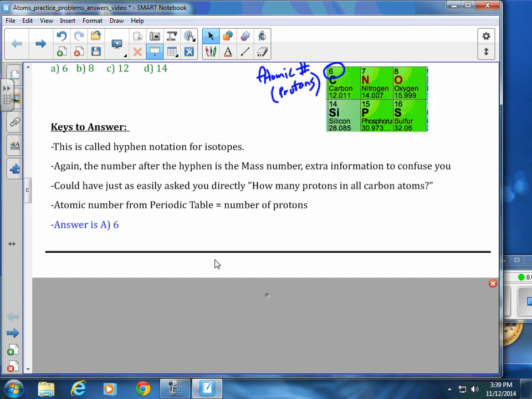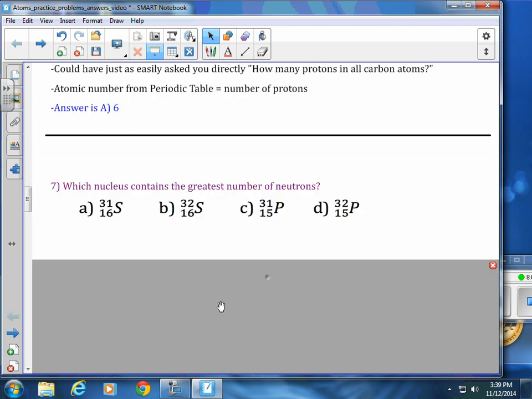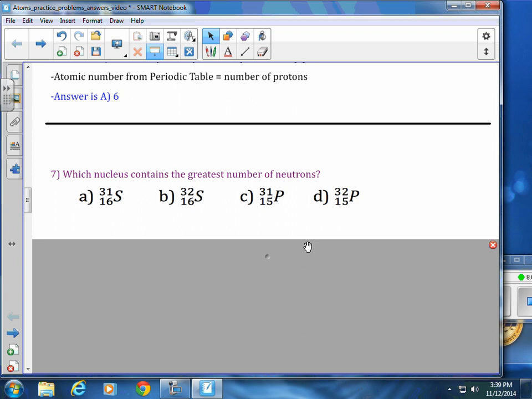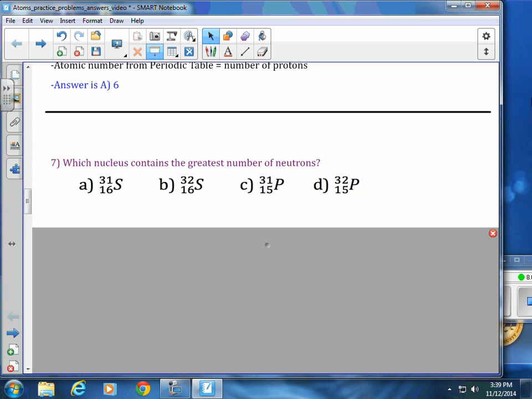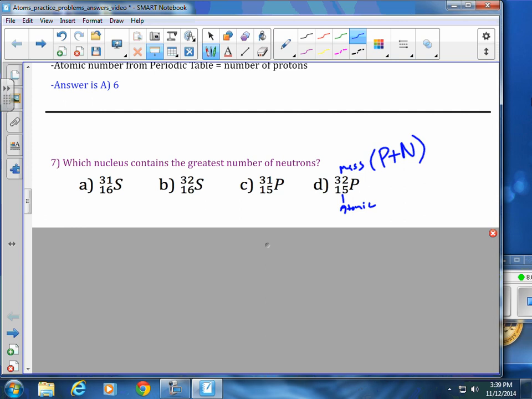All right, moving along. Which nucleus contains the greatest number of neutrons? Okay, so now we're getting a little bit more complicated. If you're doing this again, this bottom one is your atomic number, top one is your mass number. Okay, so my mass number again is protons and neutrons combined together, whereas my atomic number is just protons.